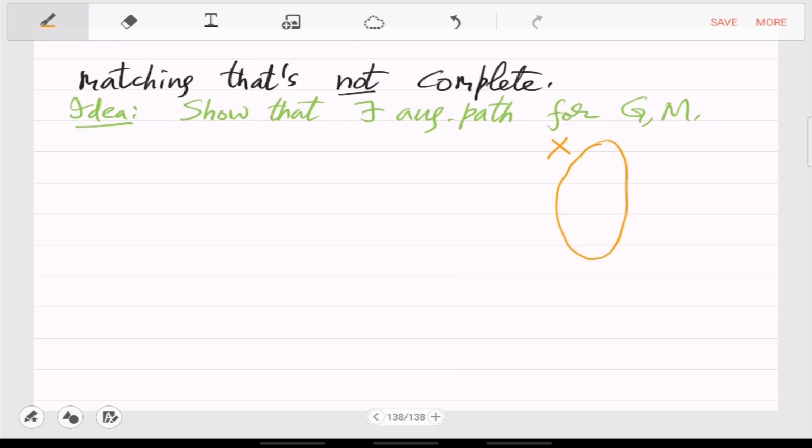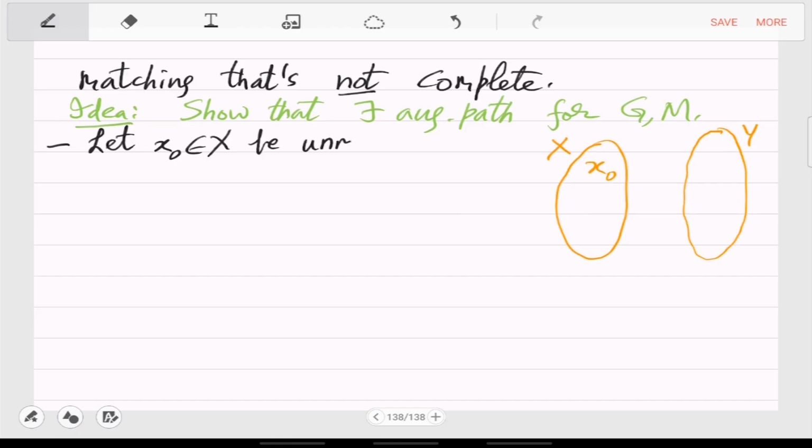So you have X here and you have Y, which is possibly larger but not smaller than X. So let us pick an unmatched vertex x0 here. So let x0 in X be unmatched.